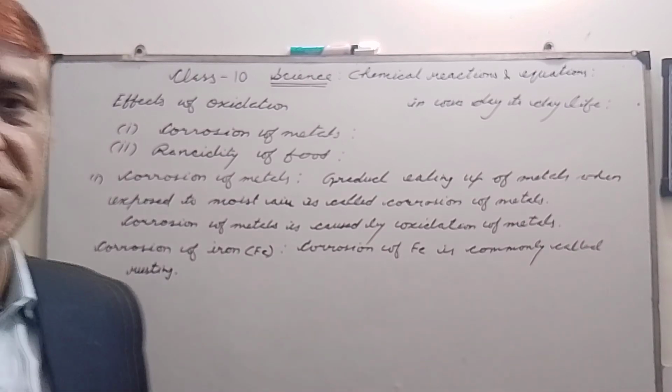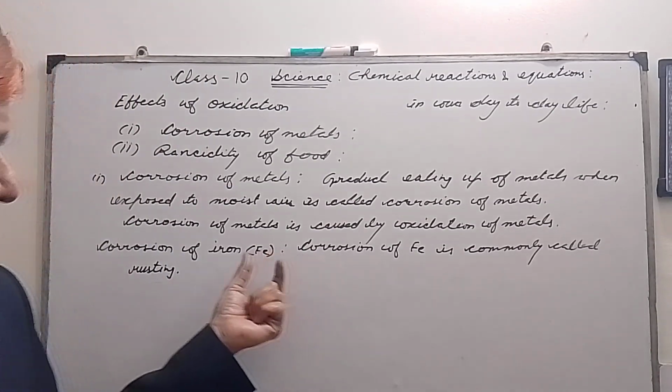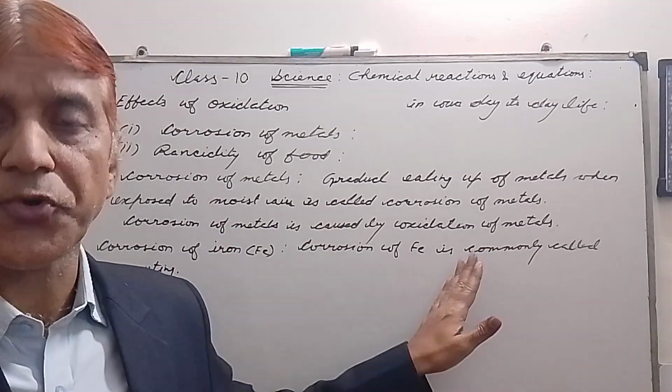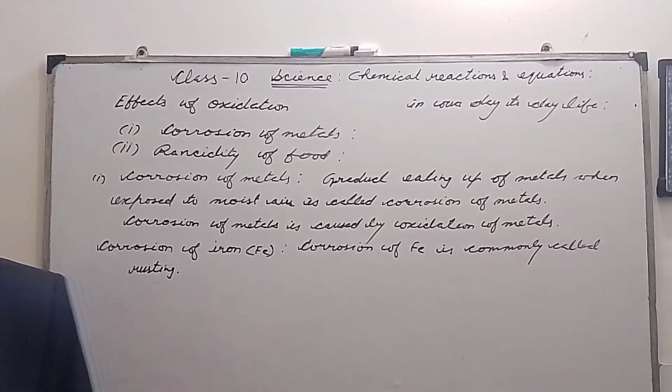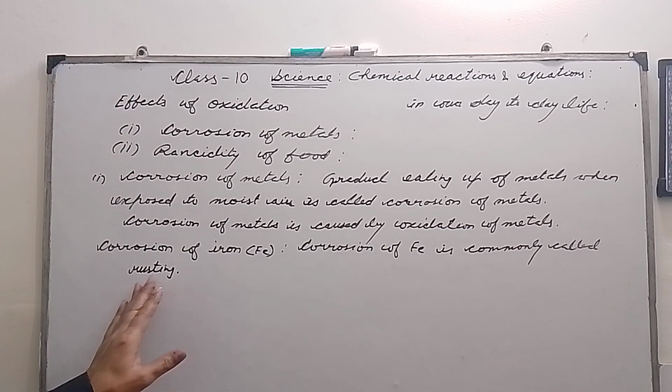Rusting is the process by which iron metal gradually corrodes. So what happens in corrosion of iron?